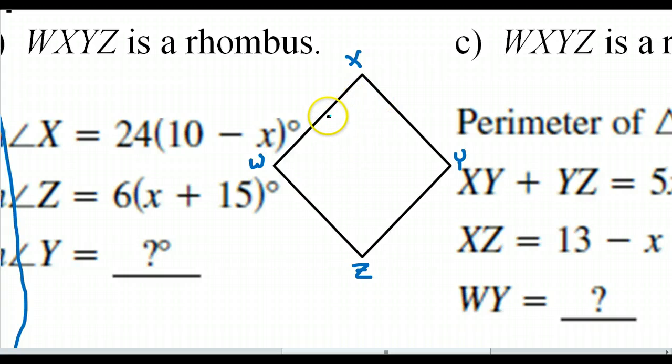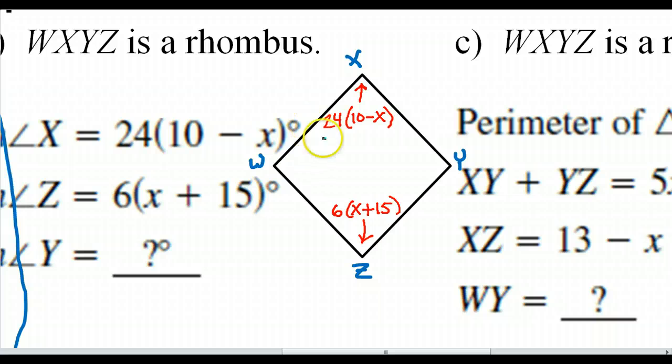So this is 24 times 10 minus x, and that is this angle right here. And then angle Z is 6 times x plus 15. So this is 6 times x plus 15, and that's this angle right here.